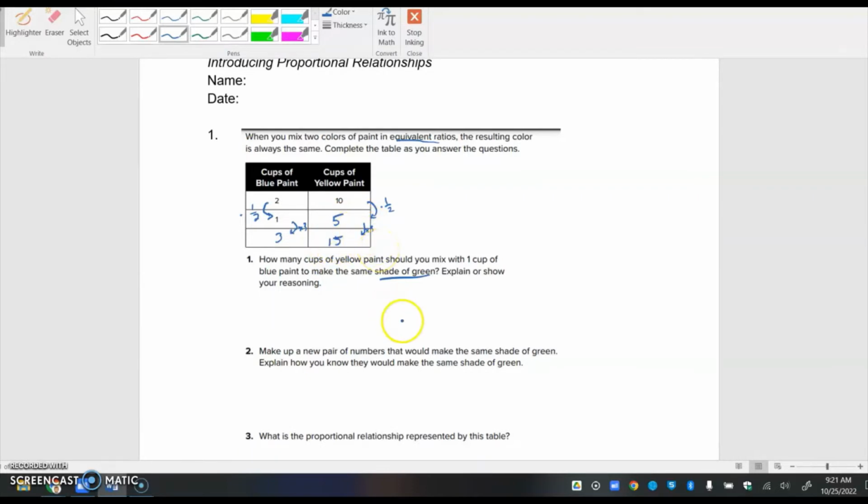So another ratio would be 3 to 15. Another way you could say, maybe you just doubled your original. So maybe you said, okay, I started with 2 cups of blue, 10 cups of yellow. I could just double that. So I could say 4 cups of blue and 20 cups of yellow. Just doubling the blue, doubling the yellow. That would give you that same ratio.